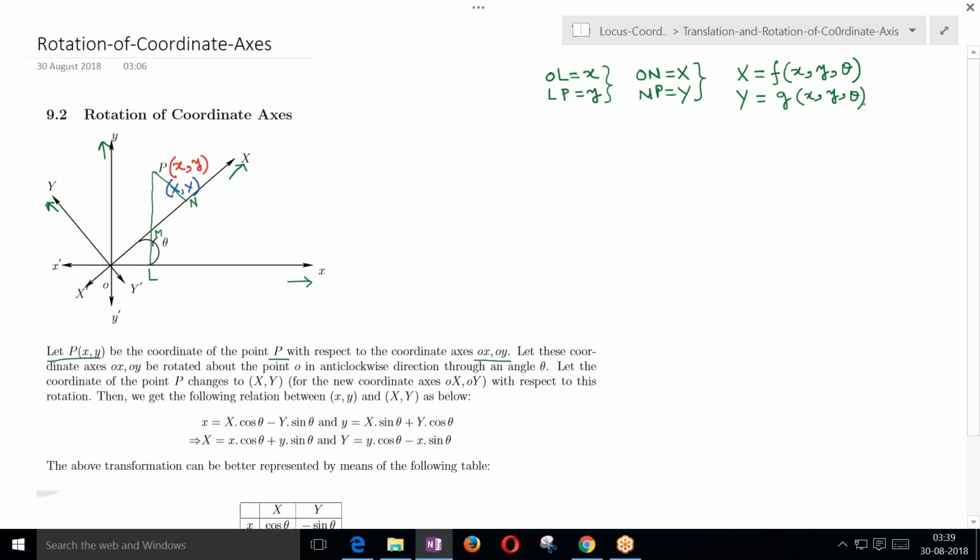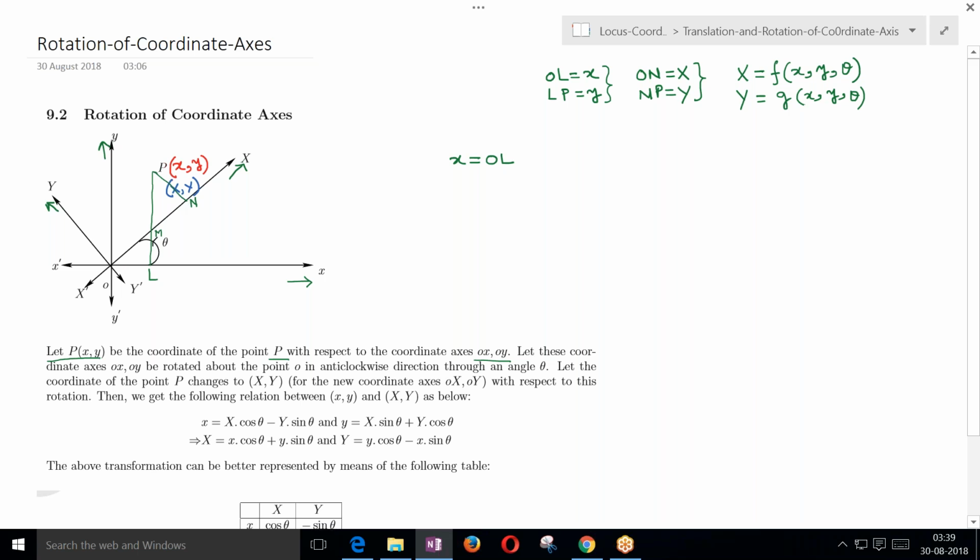Now, if you look into this one, we do a little bit more drawing. What is x? X is OL, as we see. So this is the distance OL. How can we express it in terms of the other points?